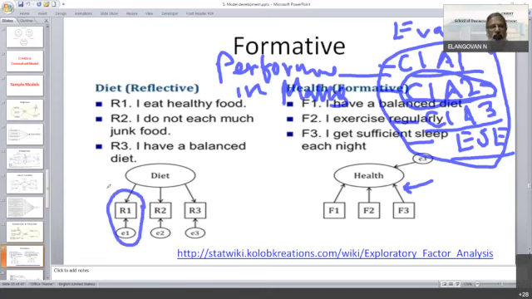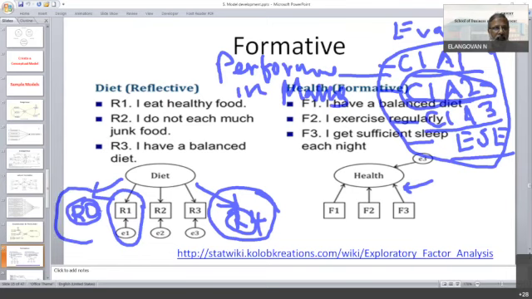So we may have 4 or 5 items indicating diet. But after collecting data, we will run a factor analysis and we will find that this particular variable is not contributing to the measurement of diet. So then we will remove this variable.